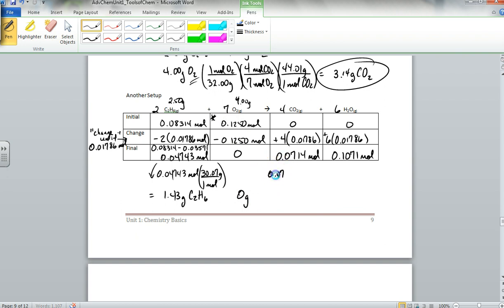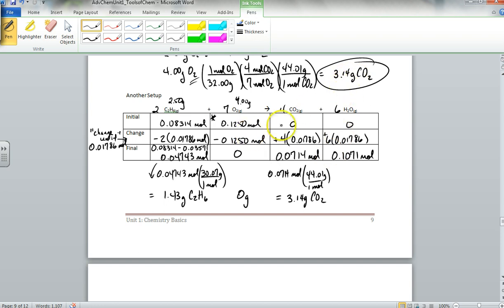Our 0.0714 moles of CO2 is the equivalent of, when we convert it back, 3.14 grams of CO2. Oh, where did we see that before? Well, that's what we calculated.